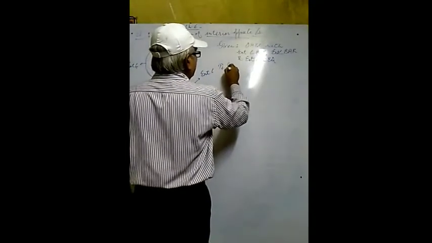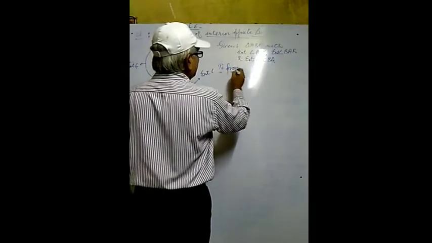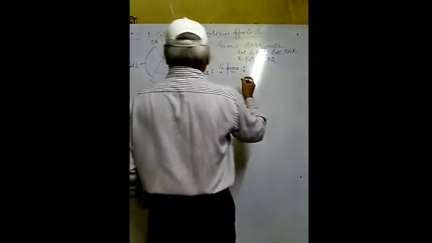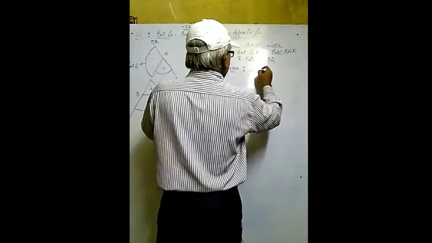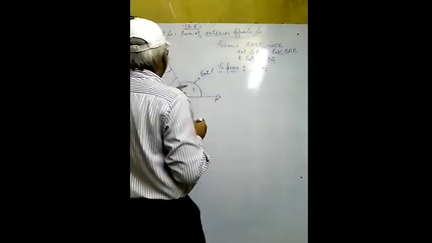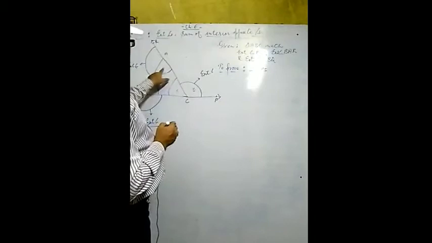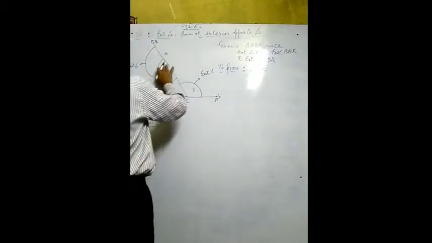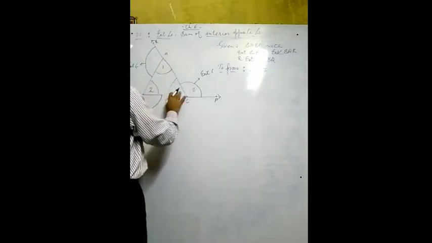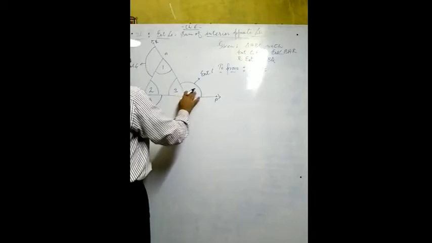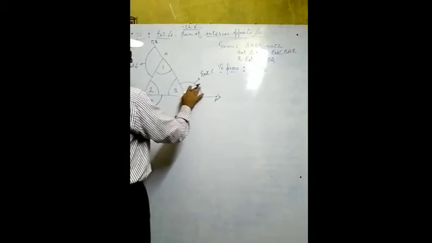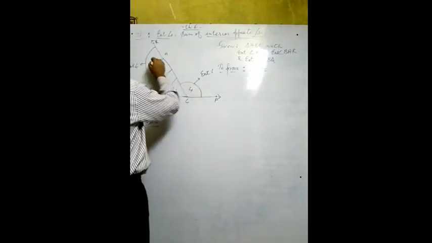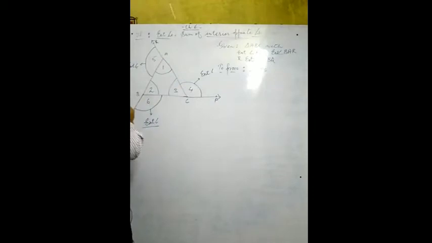What is to be proved here? To prove: angle ACP equals which angle? Angle BAC. Mark this angle as angle 1, this as angle 2, angle 3, angle 4, angle 5 and angle 6.